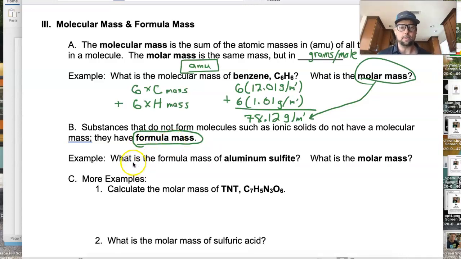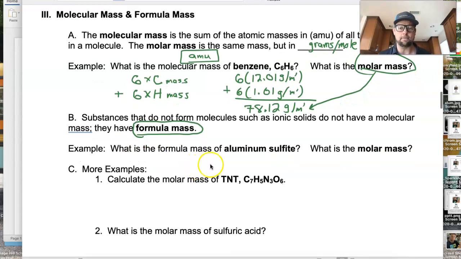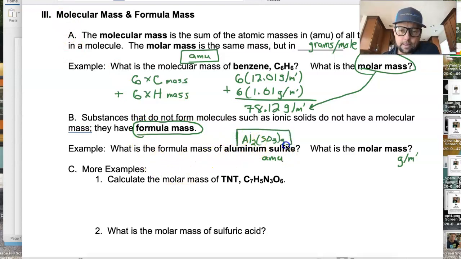So if we say, let's find the formula mass of aluminum sulfite, again, this will be in AMU, our lesser used unit, and then the molar mass will be in grams per mole. I'm going to pause and let you find aluminum sulfite. Of course, you have to write the formula correctly. Hopefully for the formula of aluminum sulfite, you got Al2(SO3)3. Aluminum has a +3 charge.